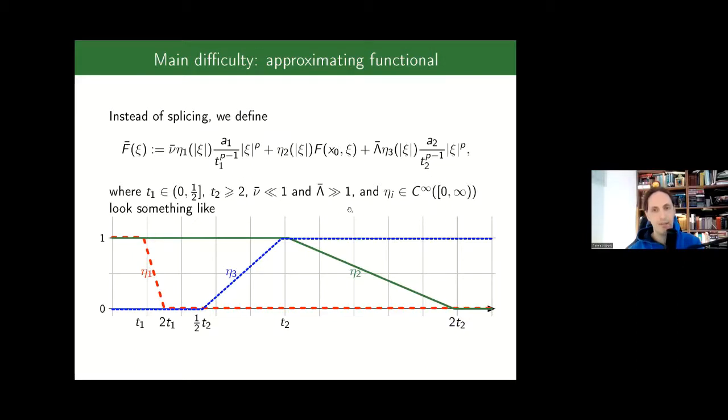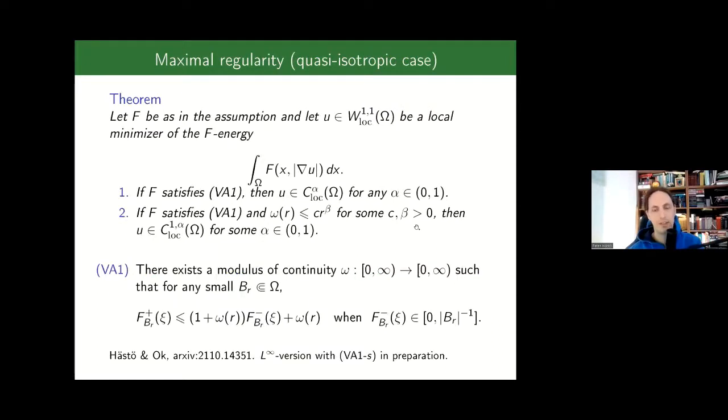I don't want to go into detail and mention the conditions, but we see again we have this p-growth near 0 and near infinity. But we needed some quite different methods to get to the same place. And of course, this is reflected in the fact that this theorem is basically the same, the condition is basically the same, but the proof is very different.